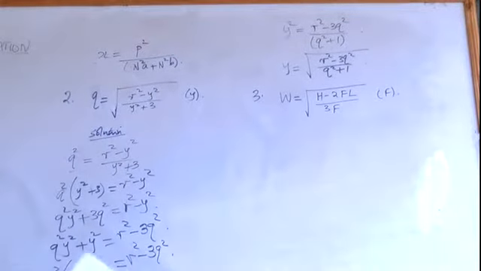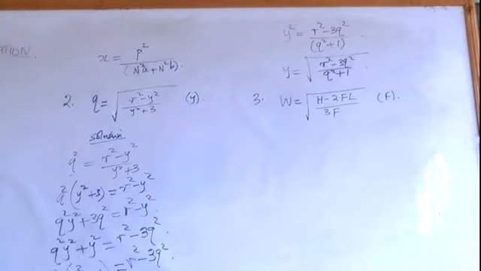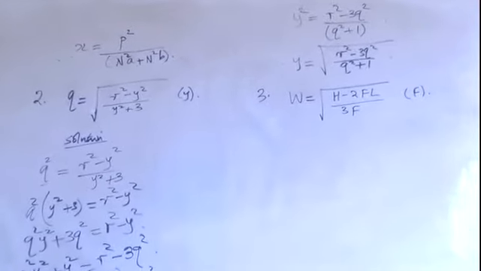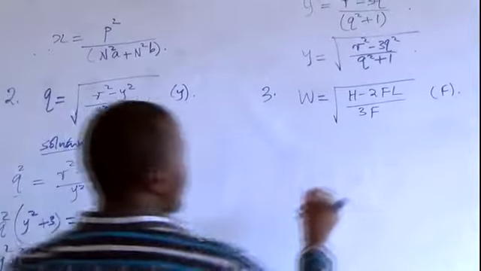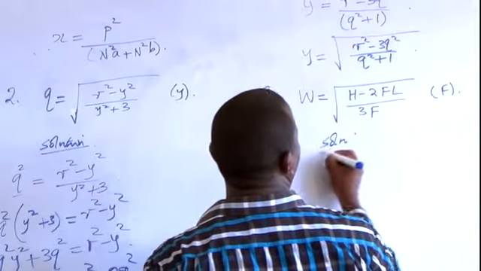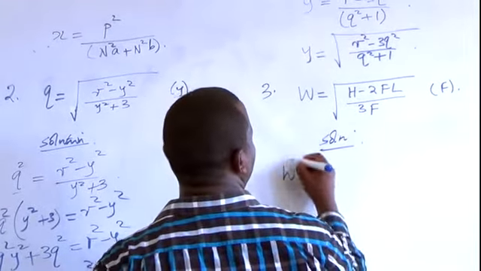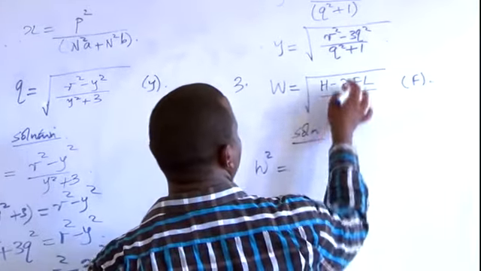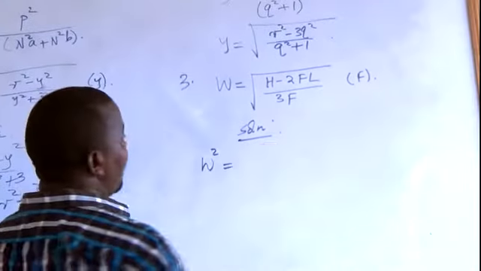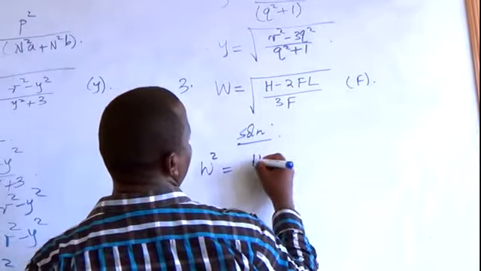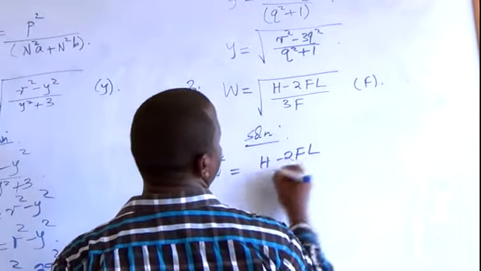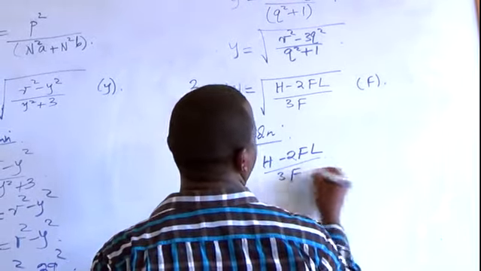So this question also involves the removal of the square root sign. The first step, we have to square both sides of the equation. And therefore, when you square w, we have w squared is equal to, this square root sign will be removed, and therefore we remain with h minus 2fl divided by 3f.